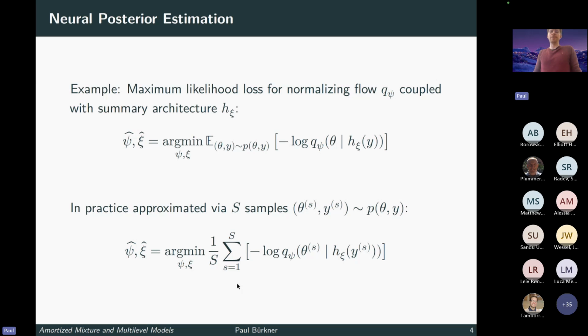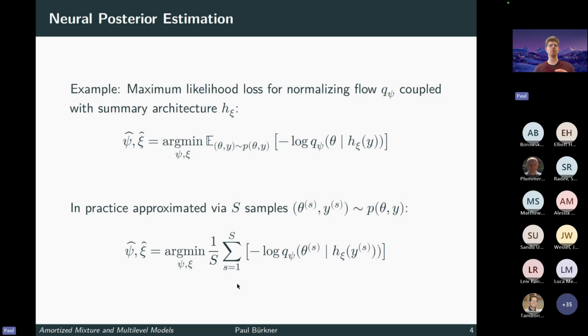So for example, if our generative neural network would be a normalizing flow q_psi, where psi are the neural network parameters, we would be using some kind of maximum likelihood loss.